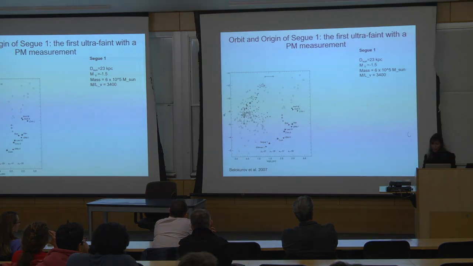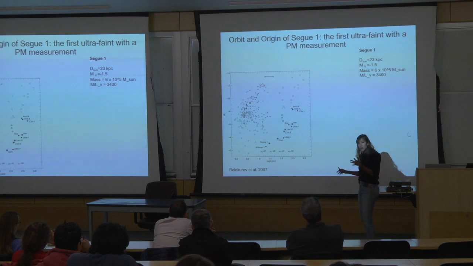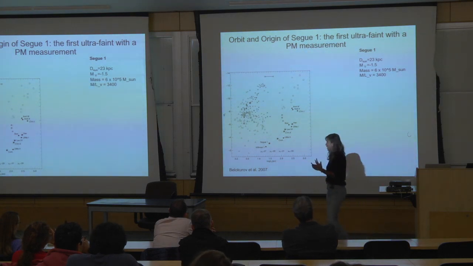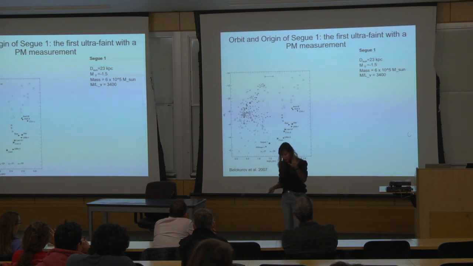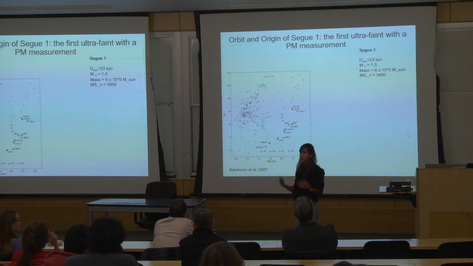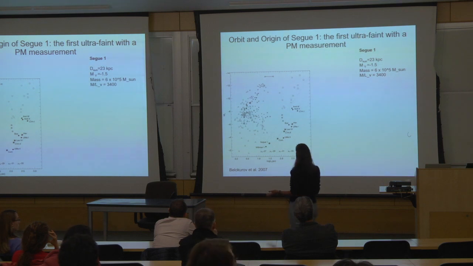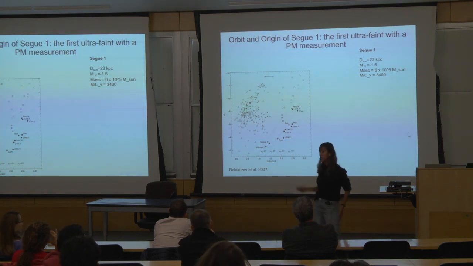So it's starting to probe this hazy parameter space, in which we used to think we knew the difference between globular clusters and dwarf galaxies. The main difference is we think that globular clusters don't have dark matter or have very little of it, whereas a dwarf galaxy, to be called a galaxy, you need to have a lot of dark matter.